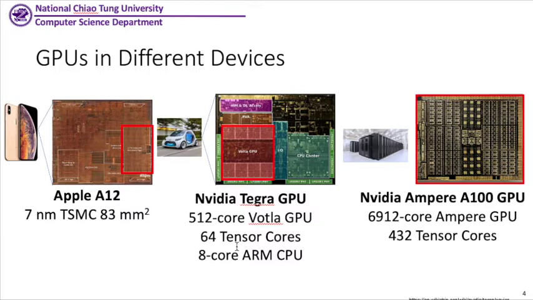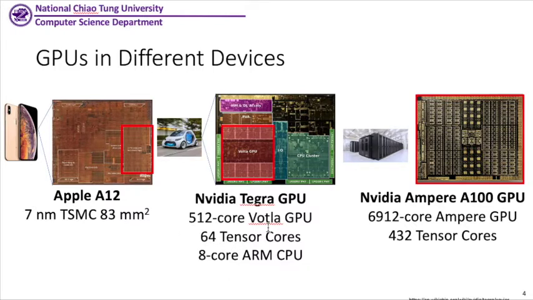NVIDIA Tegra GPU is an integrated GPU, which shares the memory space with the host CPU. This Tegra SoC includes an ARM multi-core CPU, low-power LPDDR RAM, and domain-specific accelerators to accelerate machine learning and image processing.